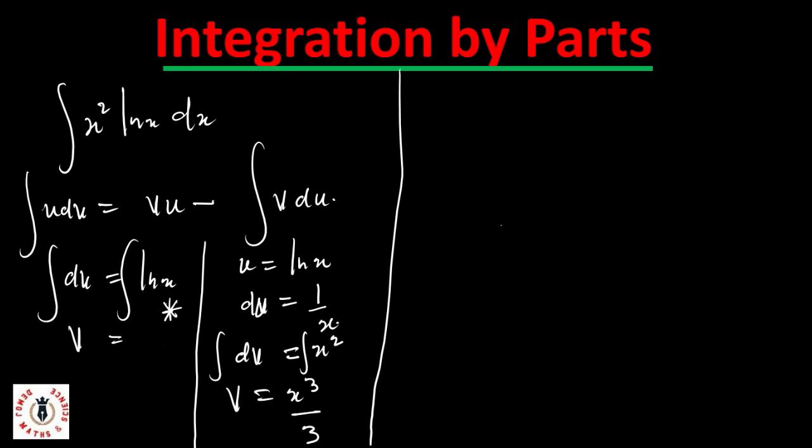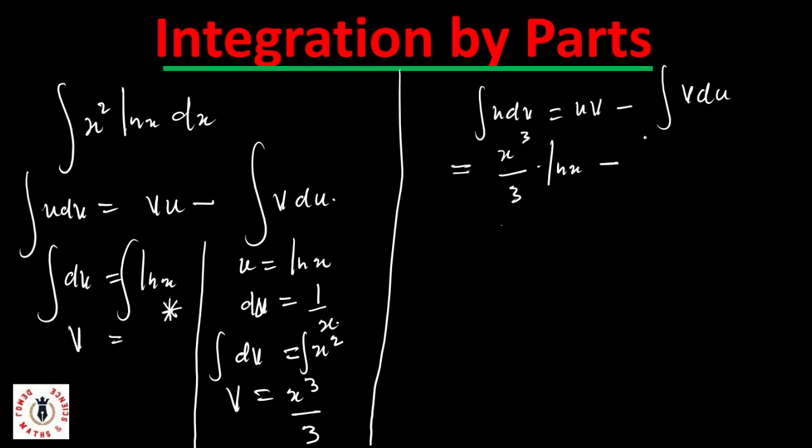Remember, our formula says the integral of u dv will be the same thing as uv minus the integral of v du. Here we'll be substituting for u and for v. For u is ln x, and for v, that's x raised to power 3 over 3, dot ln x, minus the integral of v, which is x raised to power 3 over 3, du once more is dot 1 over x, plus c.